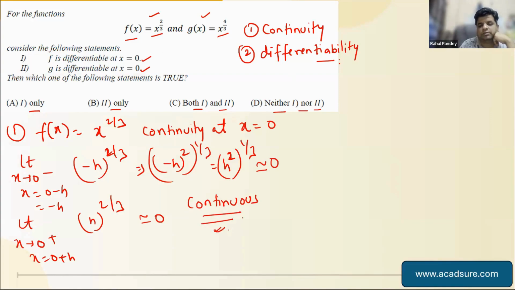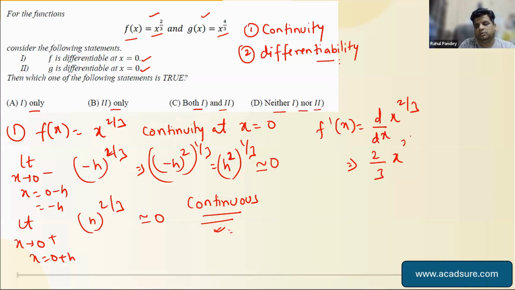Now I will check for differentiability. So f'(x) is d/dx of x^(2/3), which will give us 2/3 into x^(2/3 - 1), which is 2/3 x^(-1/3), which is 2/3 times 1 over x^(1/3).